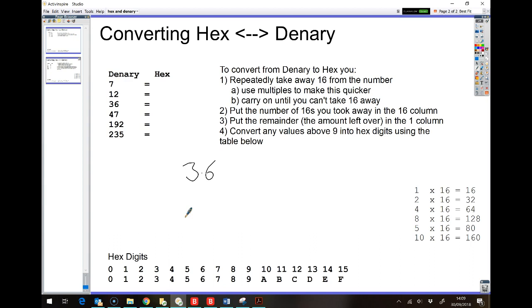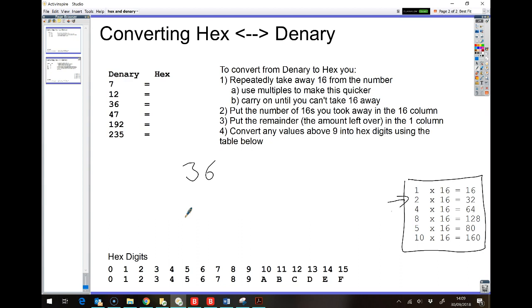Now we can either take it away one 16 at a time, or we can have a look over here on the right, where I've provided a list of multiples of 16 that is really easy to remember. 1 times 16 we can all do. 32 and 64 (2 times and 4 times), and also 128 (8 times) are of course in our binary column headings, so we should be able to remember those quite easily. 5 times 16 is 80 and 10 times 16 is 160.